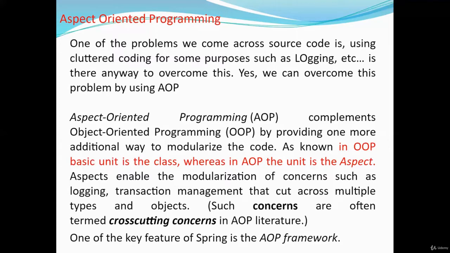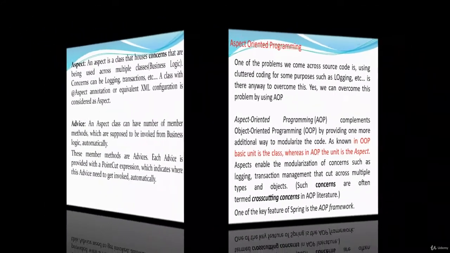As already known, one of the key features of Spring is AOP, aspect-oriented programming. The basic feature of the Spring framework is DI, dependency injection, and obviously AOP is also dependent on DI.